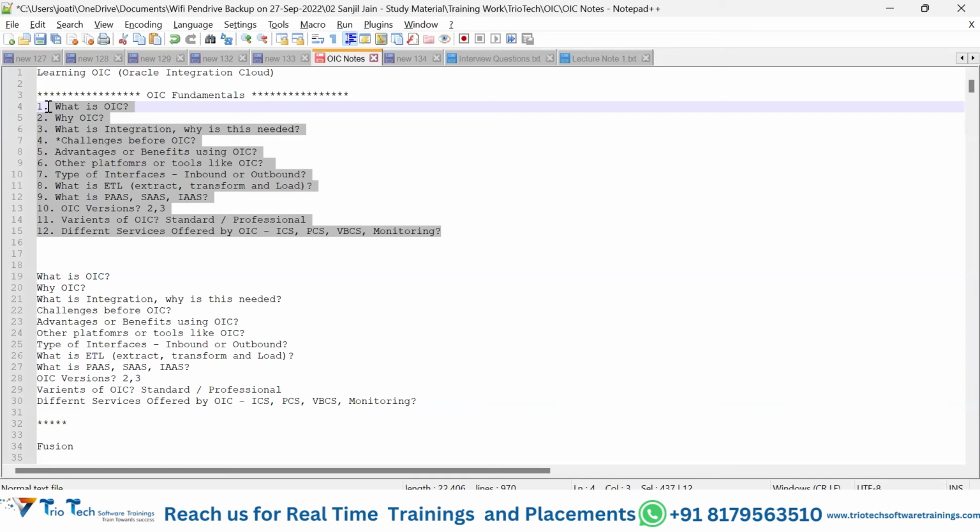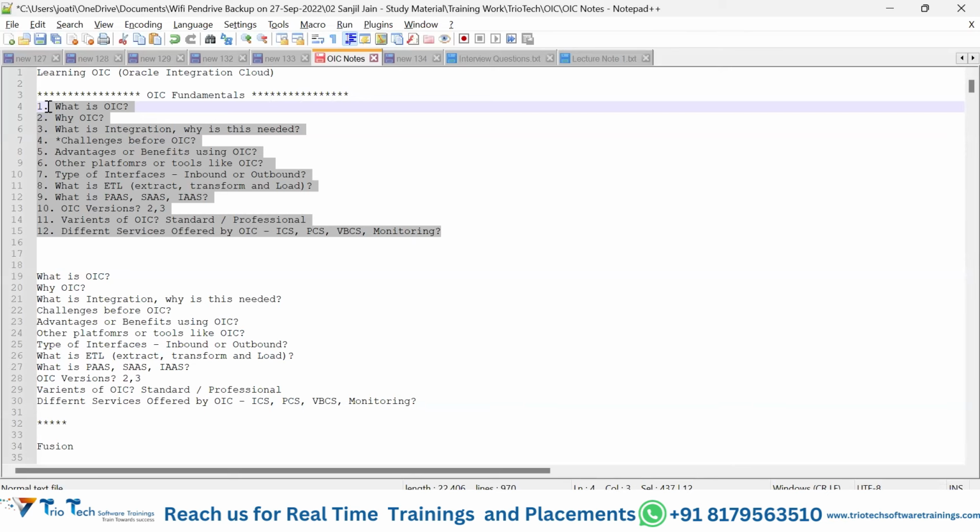Like, guys, what are the uses of that tool, how to access it, the credentials, the navigation, how to run the report, how to copy, how to paste, how to rename the component. Guys, these are the very basic things.